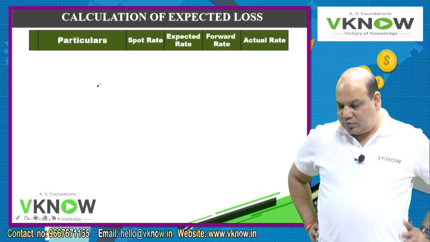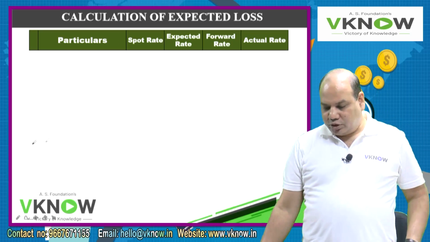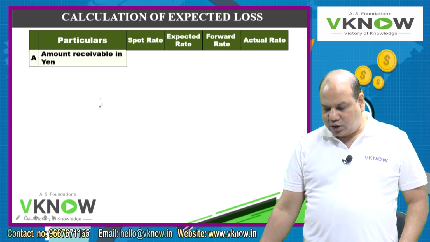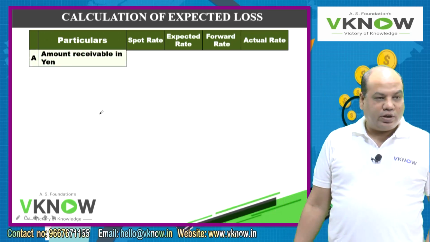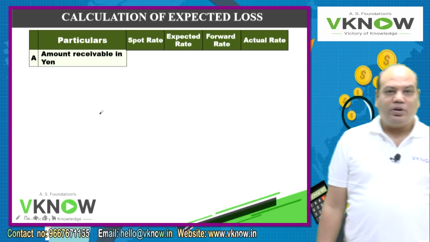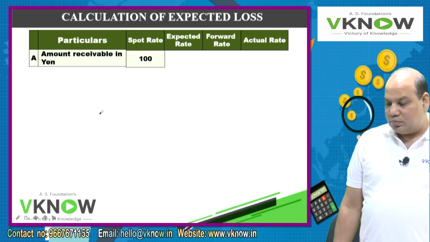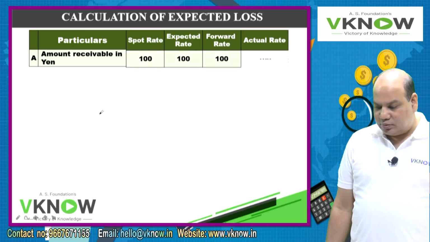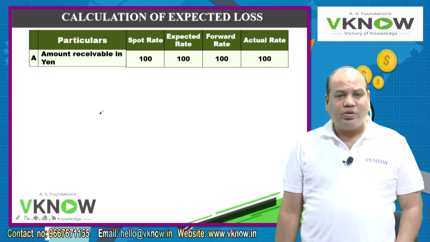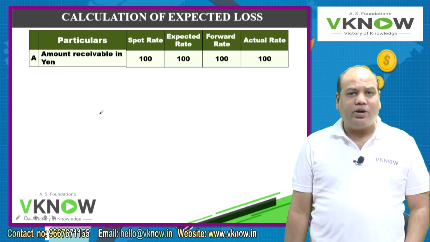Take a scale, draw the columns, keep a gap of 1 line between each row. You will be able to understand better at a later stage when you revise. So first point A, write down amount receivable in yen, in bracket lakhs.